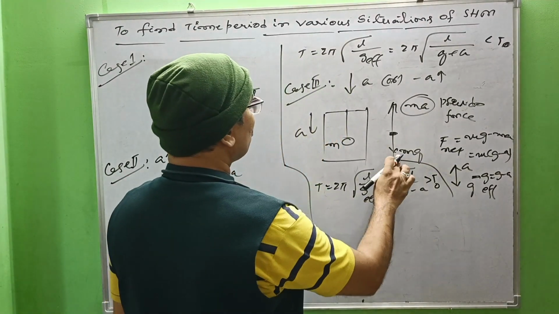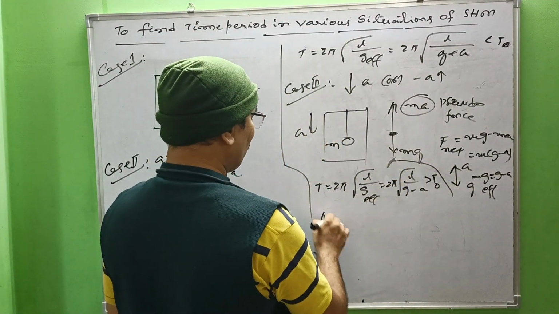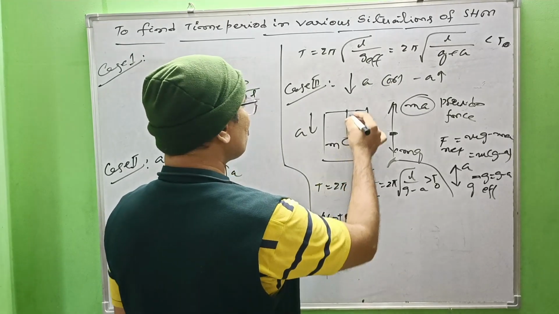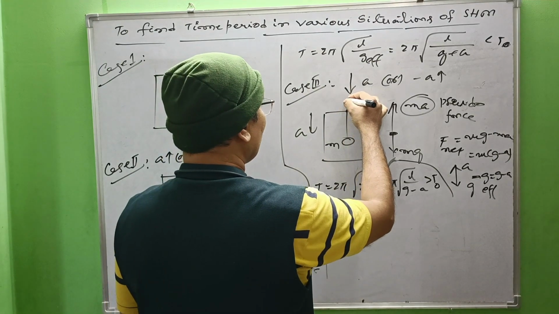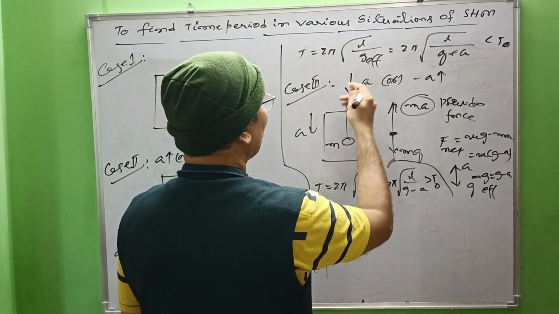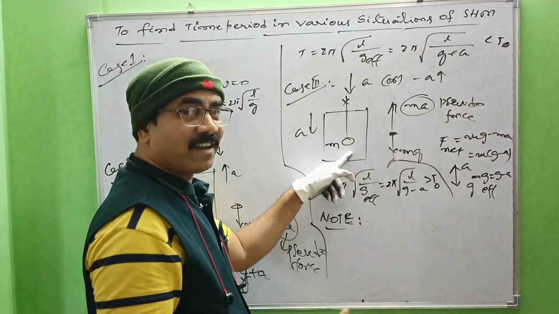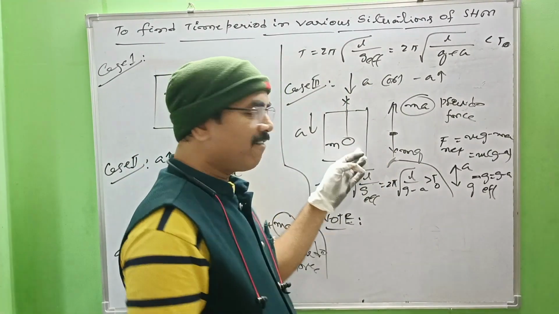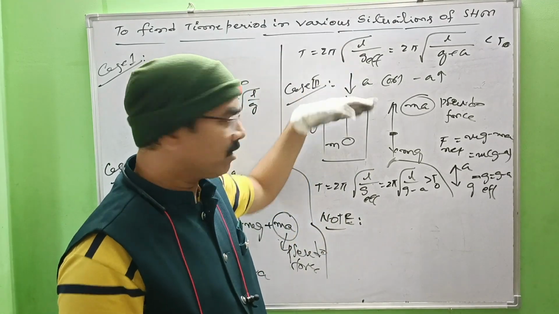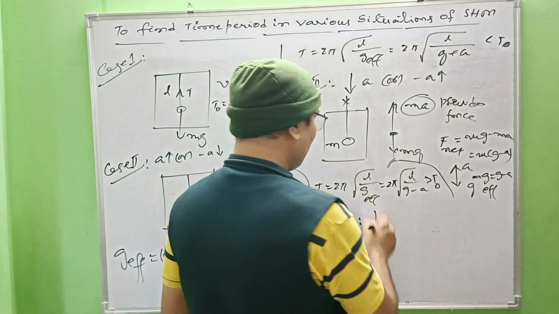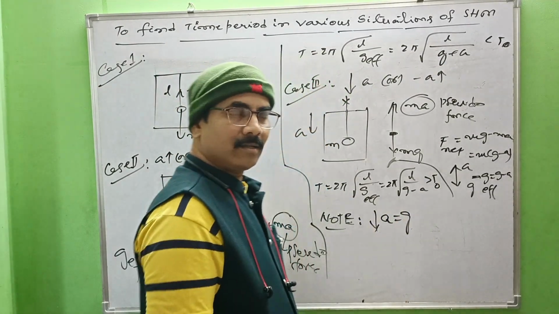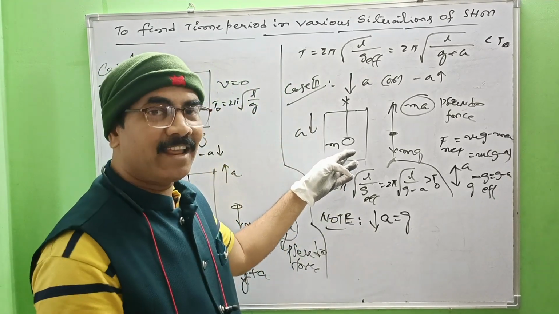Right. So in the same case, one note point here. Suppose in this situation, the cable which carries the elevator breaks. So the elevator becomes a freely falling body. Whenever the cable breaks, it moves down with an acceleration a equal to g. So this becomes a freely falling body.